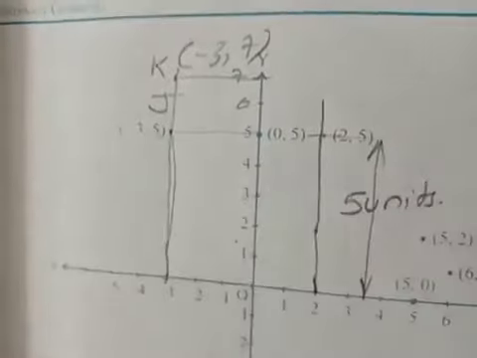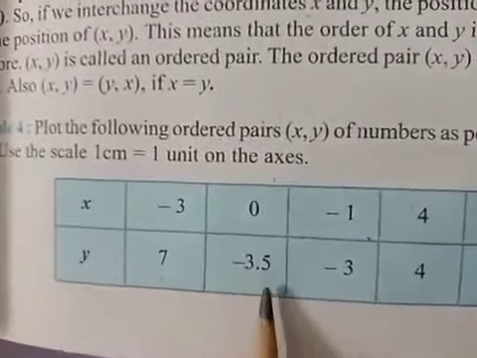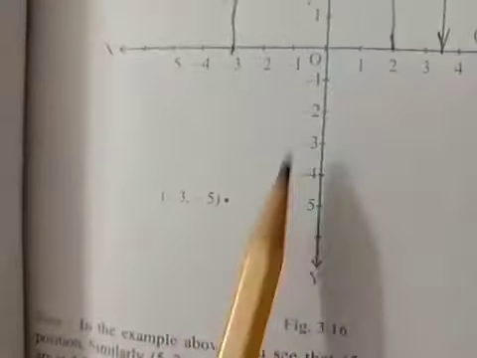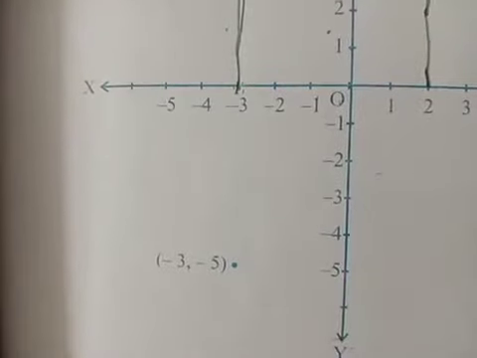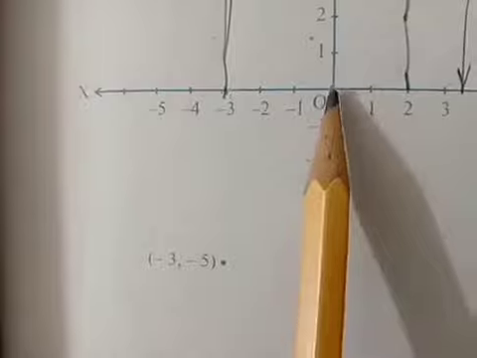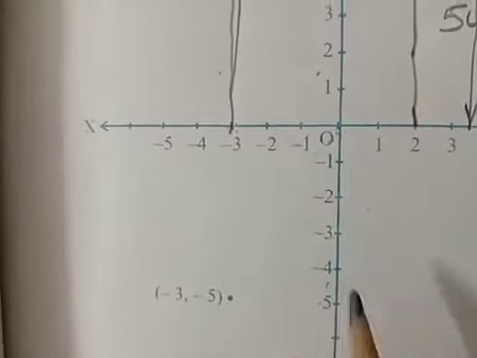Now the second one is 0, minus 3.5. The x ordinate is 0 and y is minus 3.5. Y ordinate minus means it is over here below this 0. And first x is 0, so you have to measure from the y-axis, so it is on the y-axis itself.